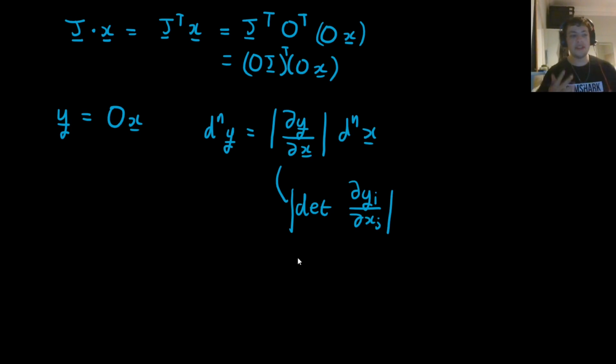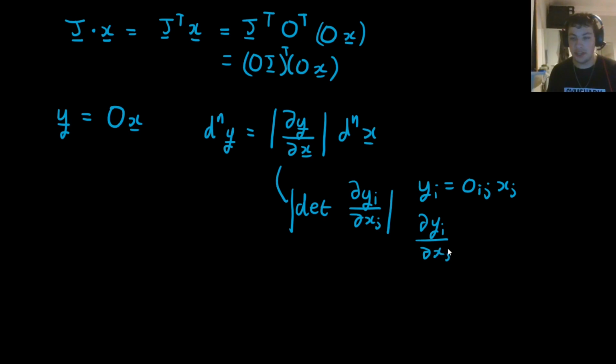But y is a linear function of x, so yi is Oij xj. There's a sum over j in there, but I'm not including it because I'm a physicist. And so that means dyi by dxj is just Oij. That's a constant derivative everywhere, it doesn't change anywhere. So then this is mod of det of O. O is orthogonal, so its determinant is plus or minus 1, so that's 1.